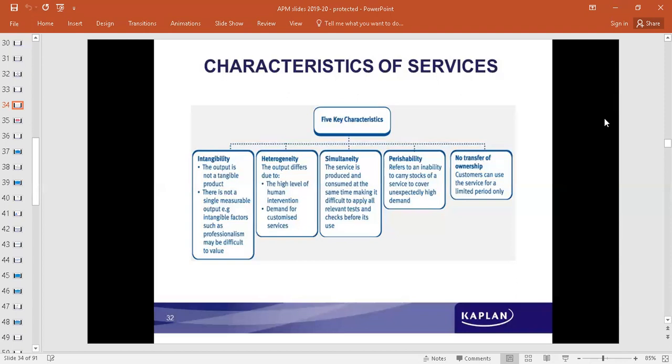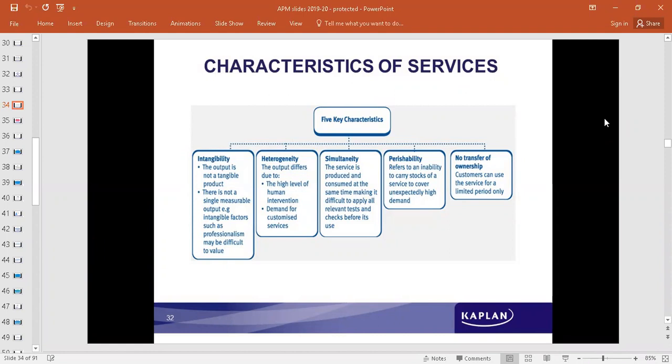Because it was not occupied on July 2nd, you cannot say that because yesterday it was not consumed, it will be used on July 3rd. July 3rd will have its own vacancy. The unused facility, the unused services, cannot be carried forward to the future period because of the perishable nature.